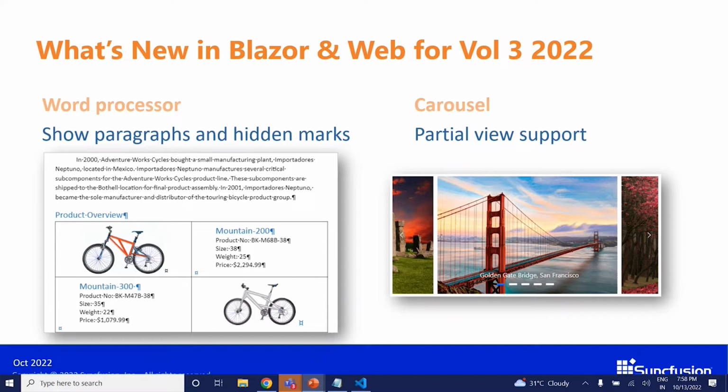So this support, show paragraphs and hidden marks, is all about that particular indication. And to the carousel component, partial view support has been added. So here you can see the partial view of the adjacent slides to the left and right. And the main slide is actually displayed at the center, and the left side and the right side slides are displayed in the partial view.